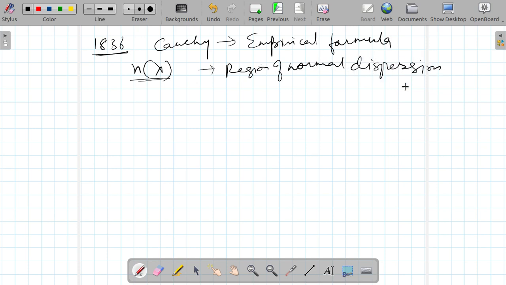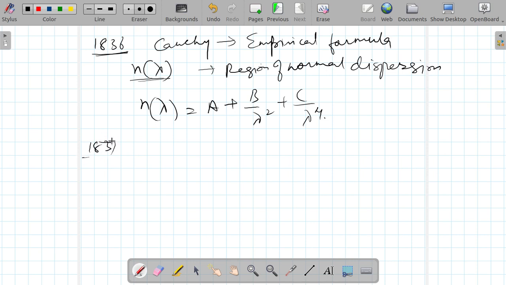I will talk about normal dispersion later on. So this was the formula which was tested empirically by Cauchy, and these A, B, C are the constants.